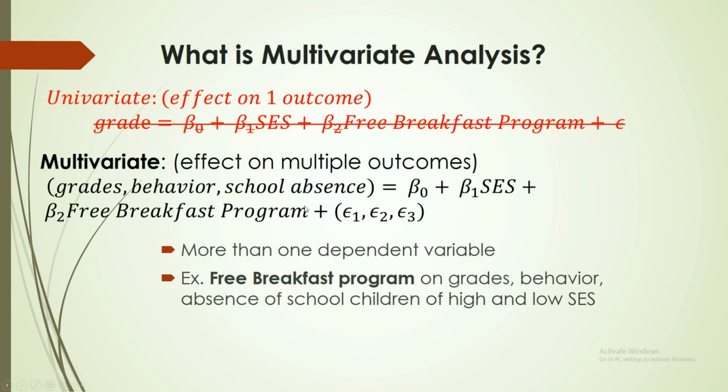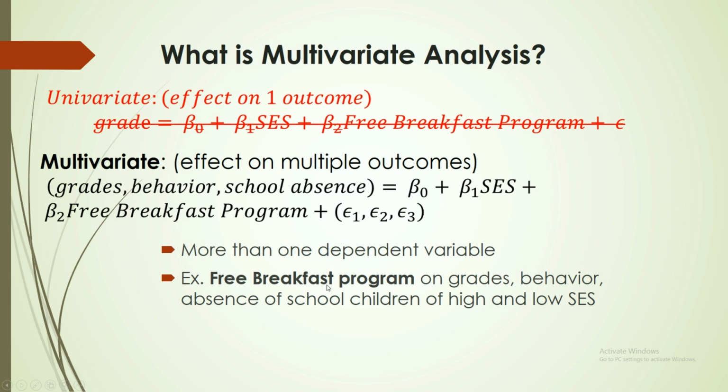on several outcomes simultaneously. To give you an example, let's say we had a free breakfast program for school children. We're trying to see the effect of this program on the school children in terms of their grades, their behavior, and their absence from school.